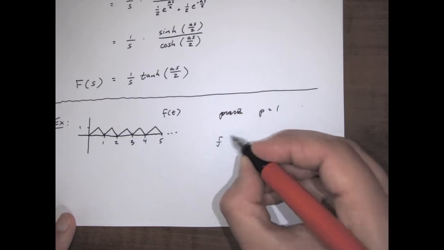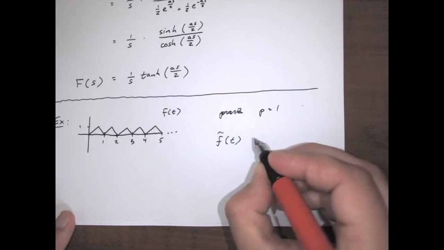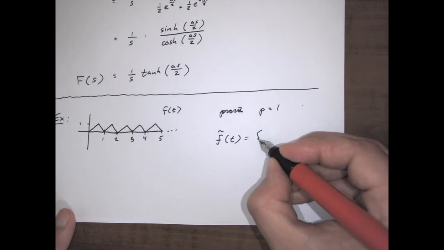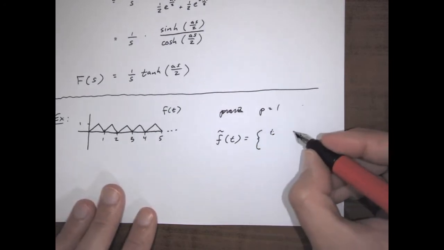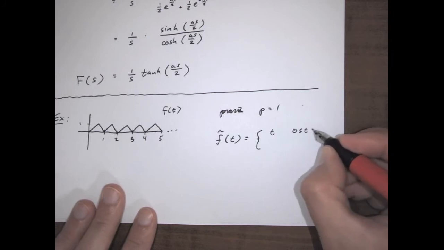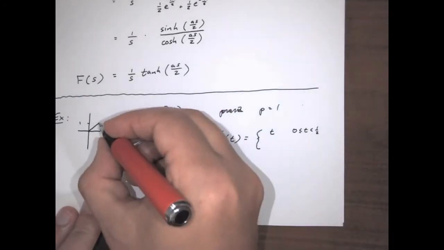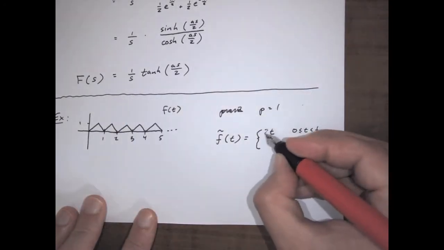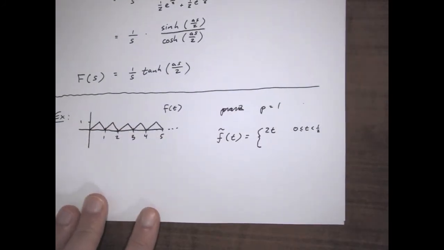So f tilde of t, the f restricted to the first period, looks like it's just t as 0 is less than or equal to t is less than 1/2. Oh, sorry, it should be 2t because it's going up 1 as it goes over 1/2.